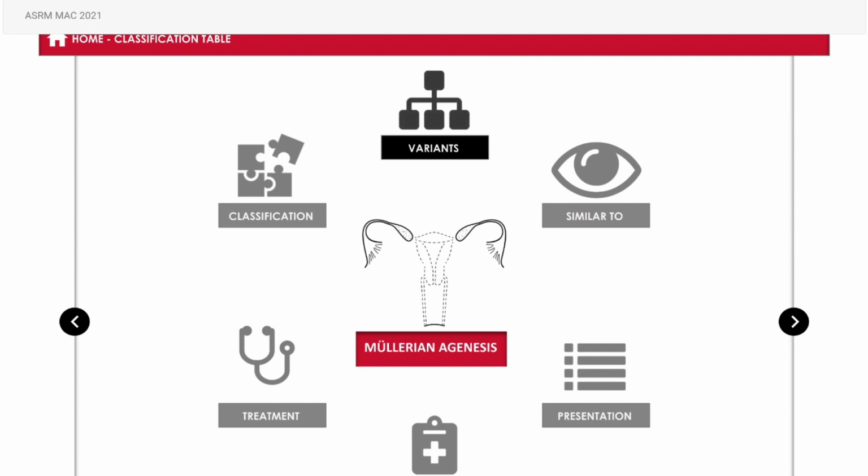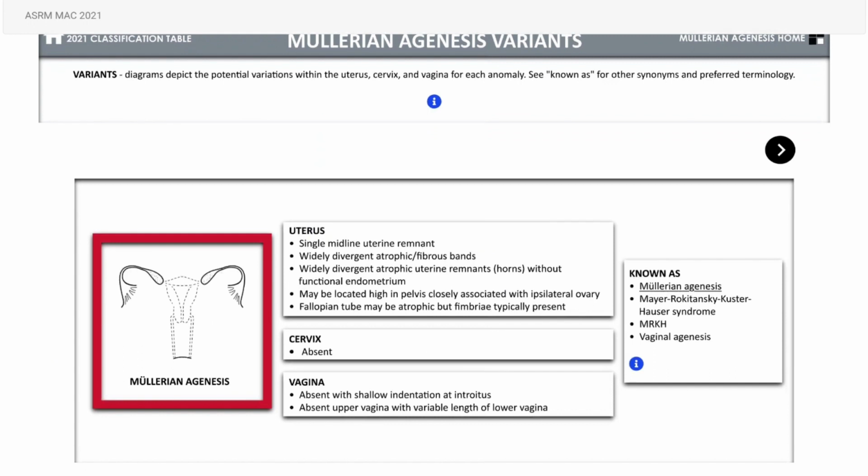If I click on the variant subpage, it shows all the potential variations available for Mullerian agenesis. And not only that, it also depicts the possible variations for the uterus, possible variations of the cervix, and possible variations of vagina seen in Mullerian agenesis. It also has a separate section which is known as the known as section, which includes all the names or the synonyms which are used for Mullerian agenesis.